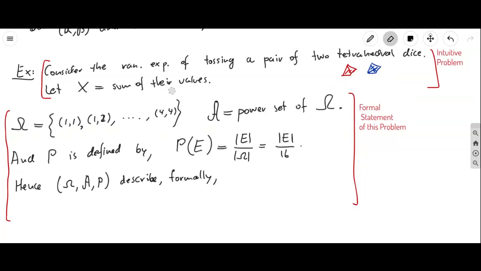So of course, in an undergraduate class, you always do it like this. But in a graduate probability class, you rewrite it in this language. So hence we have this triple, this data, which formally describes this random experiment.